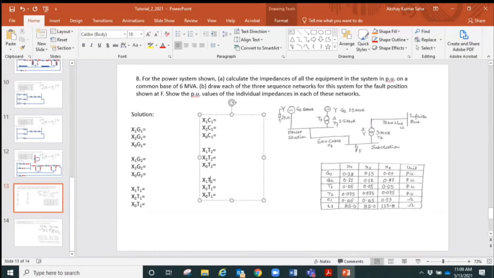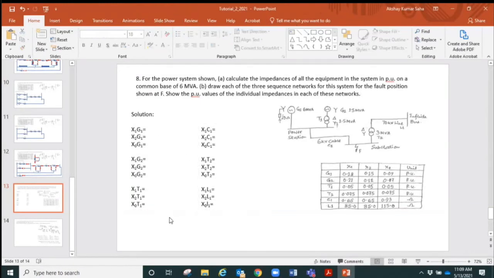Then we have to consider line 1, which is L1. So now you calculate and tell me the values of these one by one.